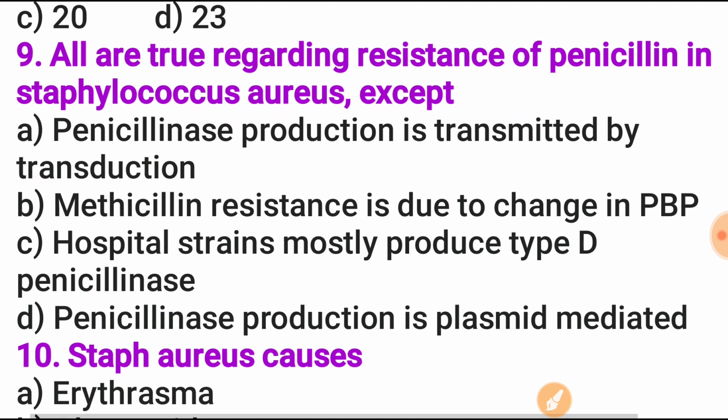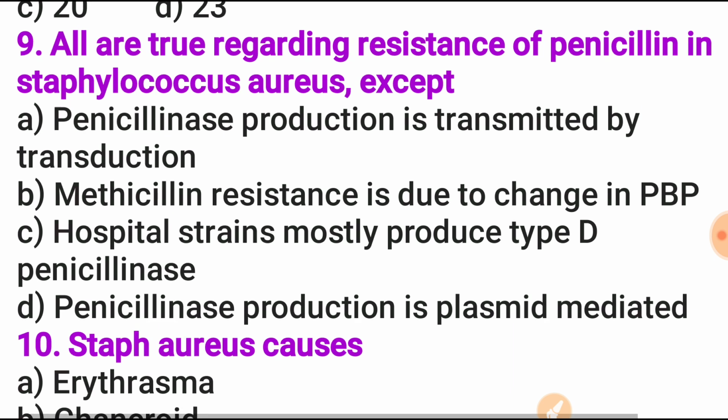Next question: all are true regarding penicillin resistance in Staphylococcus aureus except, what is the wrong answer? Penicillinase production is transmitted by transduction. Methicillin resistance is due to change in penicillin binding protein.